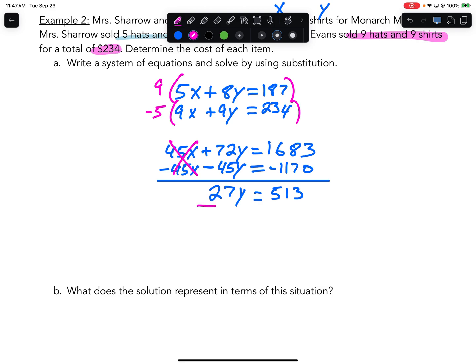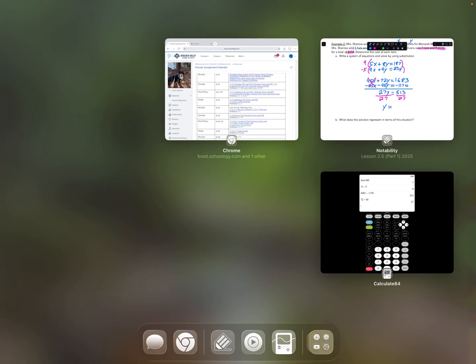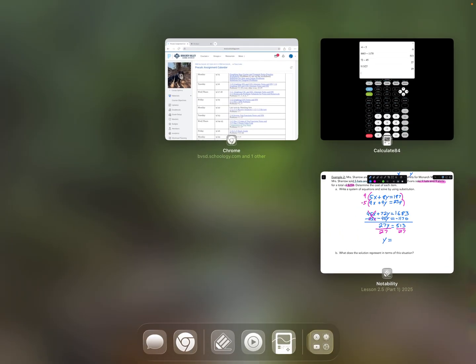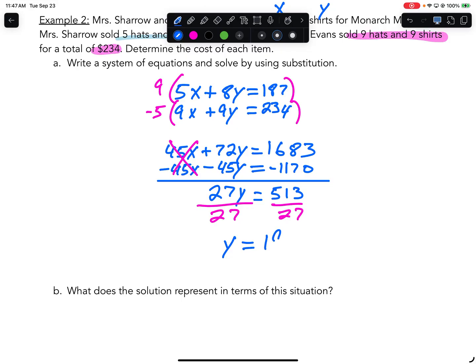Then we just divide both sides by 27. And we get y equals 513 divided by 27. 19. So we have 19 what? Y. Shirts?